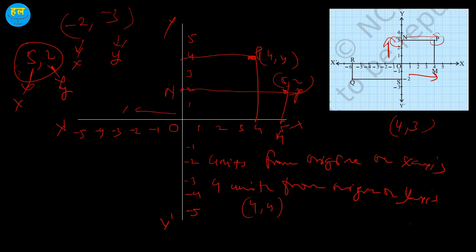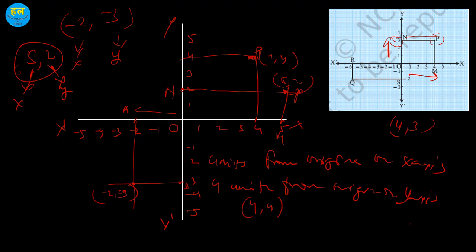Take it as A. And -3 on the y-axis, that is below the origin. This one. Take it as B. And when we make a line here and here, we can find this point. So this point is -2 comma -3 on the coordinate axis.